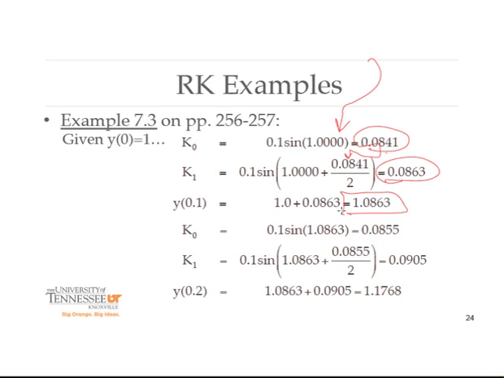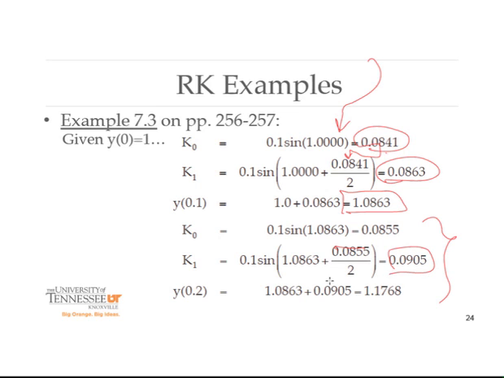And then down here, we're just iterating again. Again, you start off with where you are, plug that into the sine, get the new value here for k0, plug that into the function there, and update k1 appropriately.